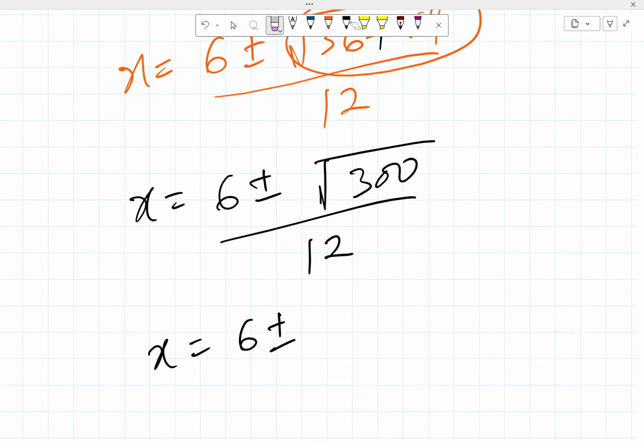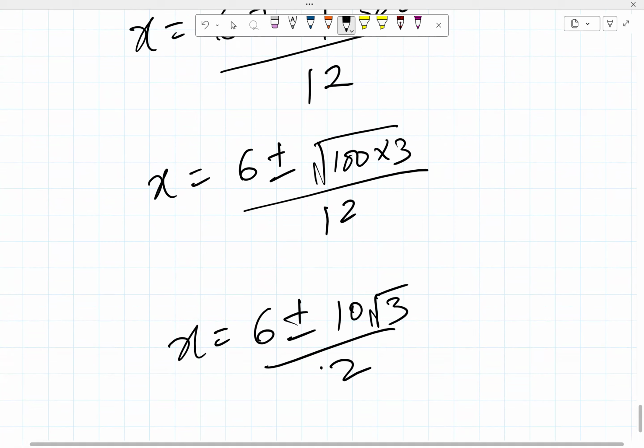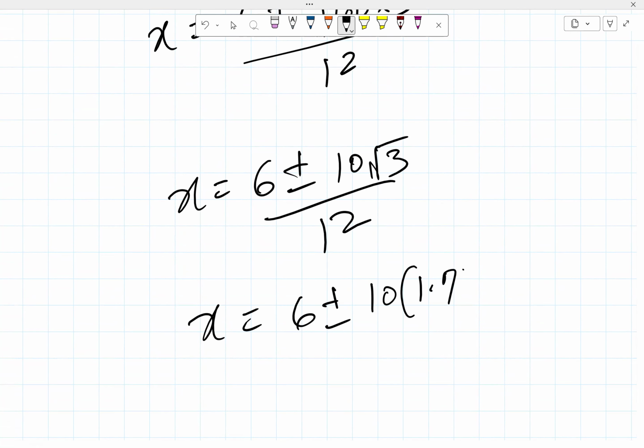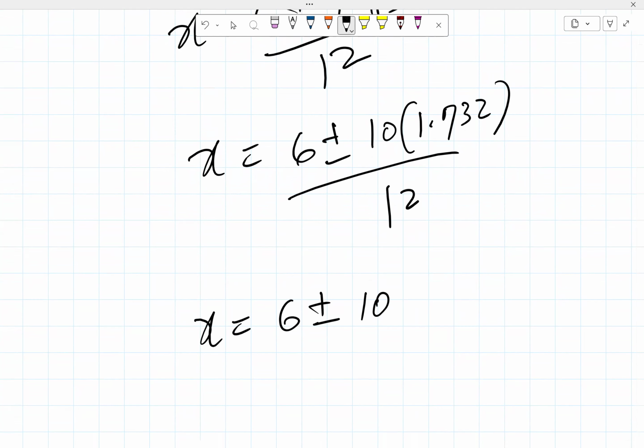So we have this is root 100 times 3, in case you don't even have a calculator, divided by 12. So this is x equals 6 plus or minus 10 root 3 all over 12. Okay, so x is equal to 6 plus or minus root 3, which is 1.732, all over 12. So we have x to be 6 plus or minus 10 times 1.73, that's 17.32, all over 12.